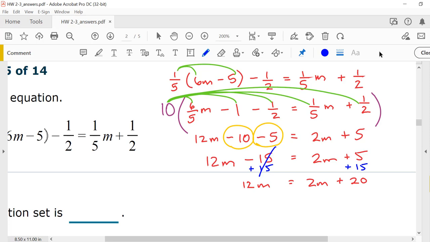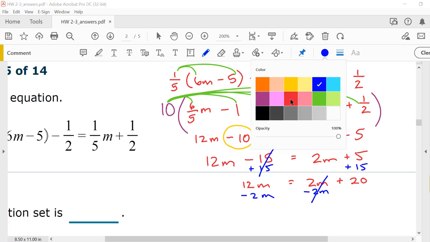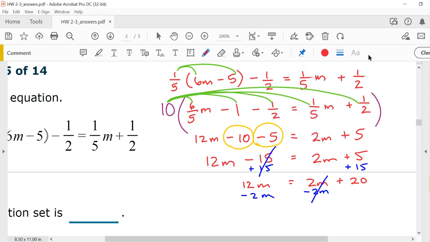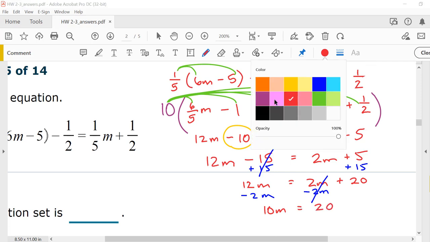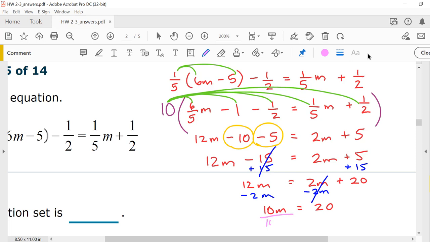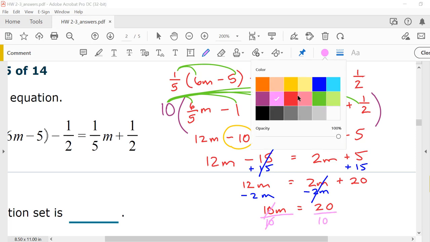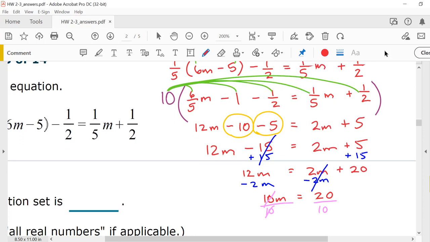I'm going to subtract 2m from both sides. 12m minus 2m is 10m. So 10m equals 20. Dividing both sides by 10, I get m equals 2. 20 divided by 10 is 2.